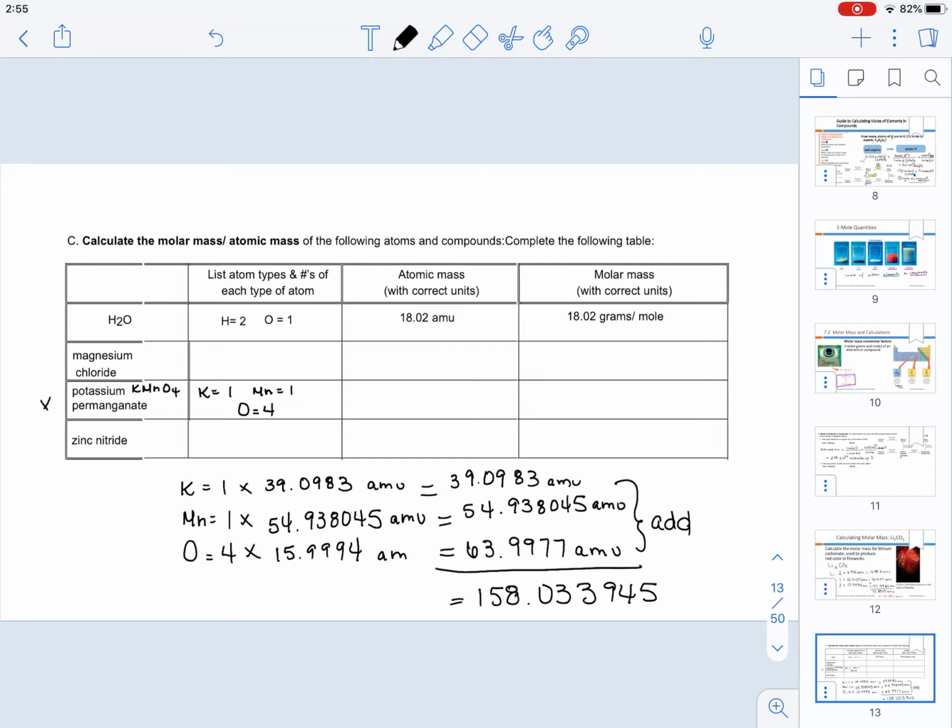Now understand that for the problem, when you look at the answer key, what you're going to observe is just 2 decimal places, because when I created the answer key, I utilized the periodic table from the textbook. So if I say, just round to 2 decimal places, then the final value is going to be 158.03 AMU, or 158.03 grams per mole.